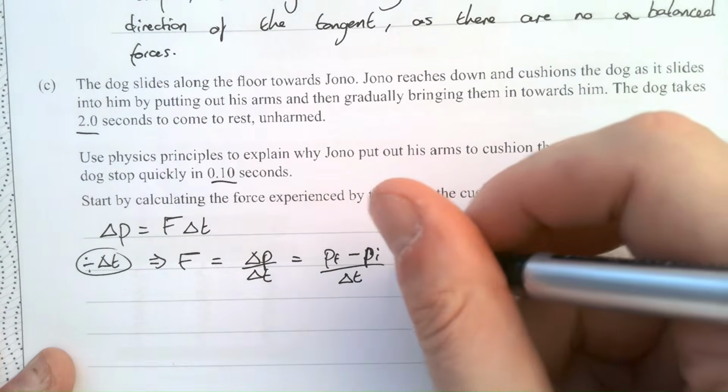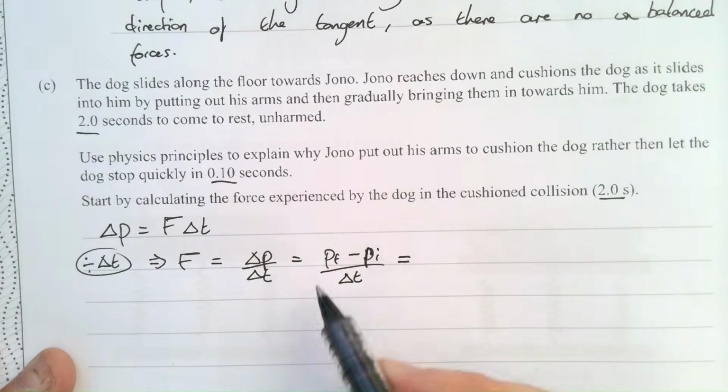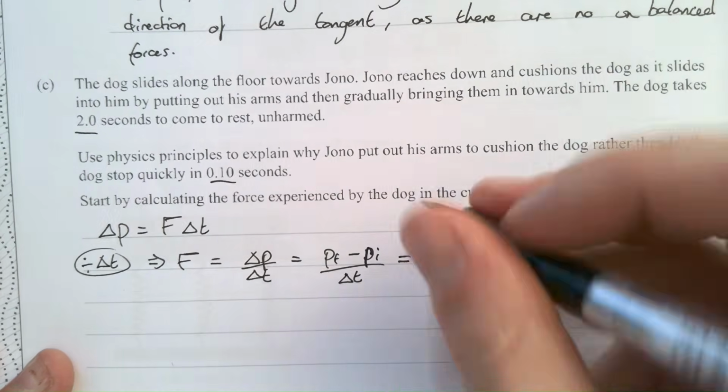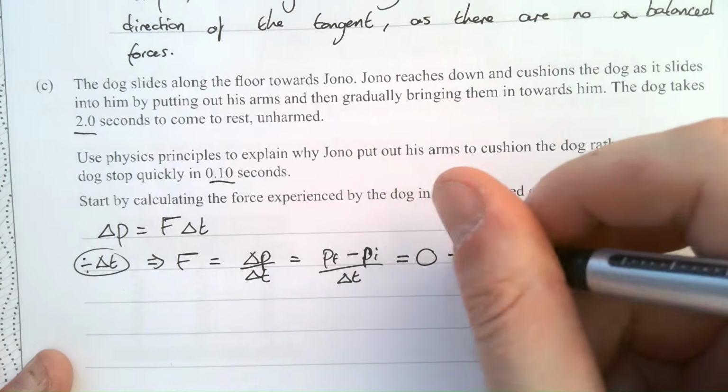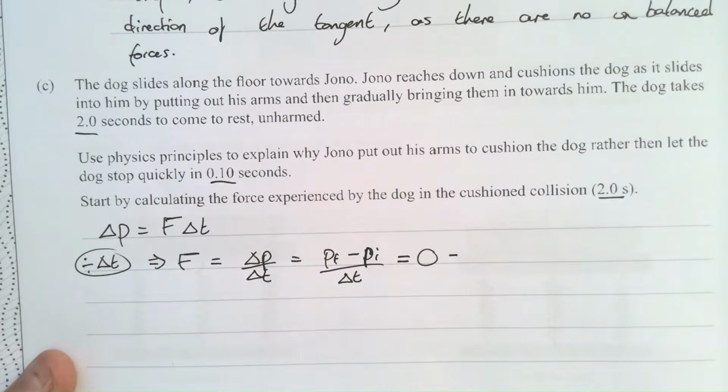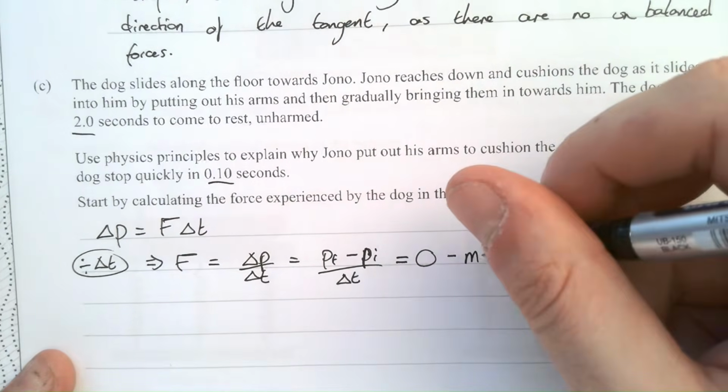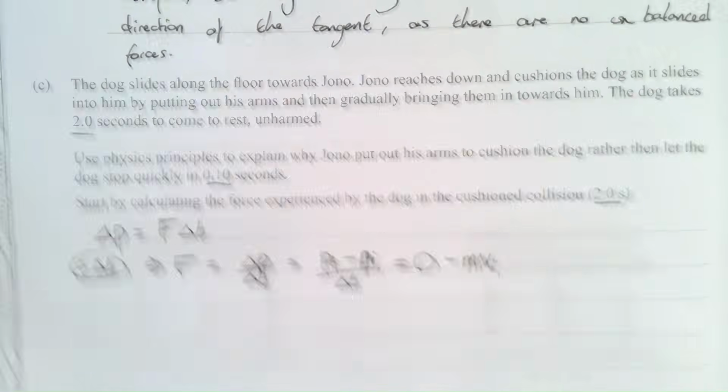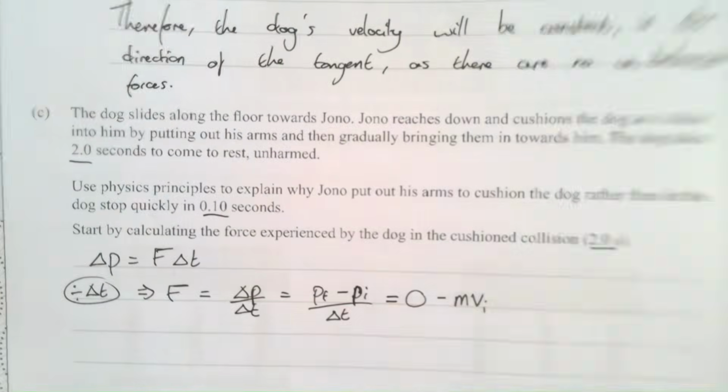For our final momentum, when the dog is at the end of the journey, speed is 0. The initial momentum is the mass of the dog multiplied by its initial velocity. And I don't remember the mass of the dog either. Sorry, it was 10 kilograms and 0.87 meters per second.